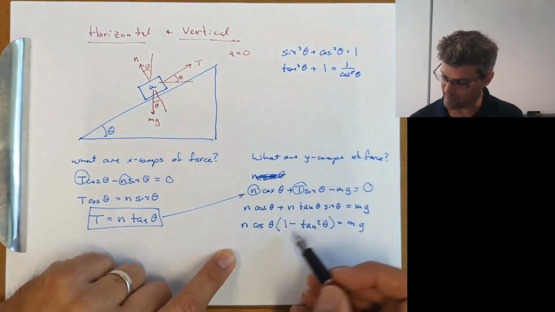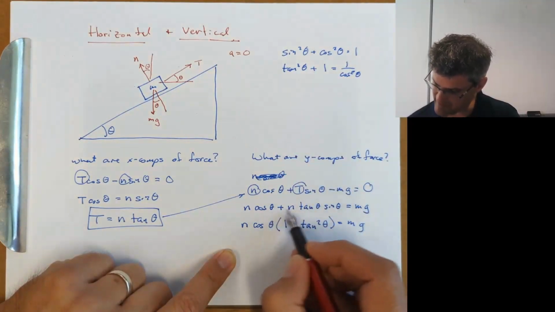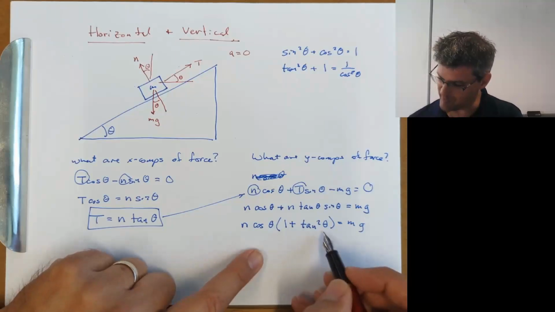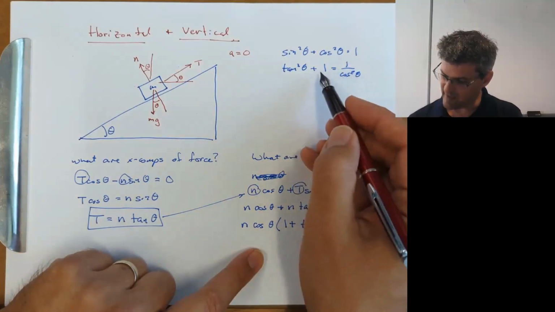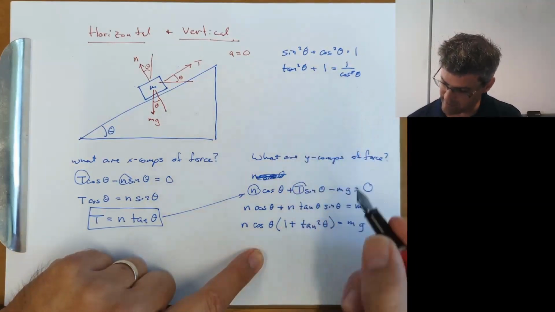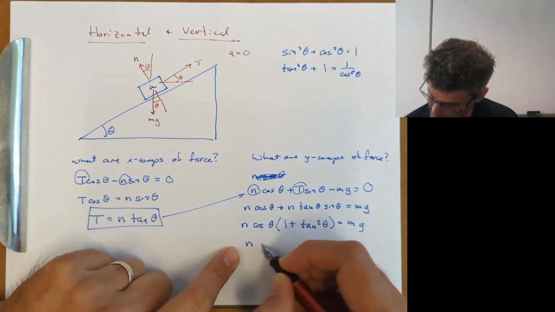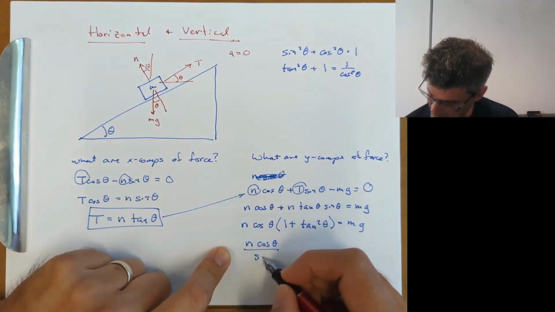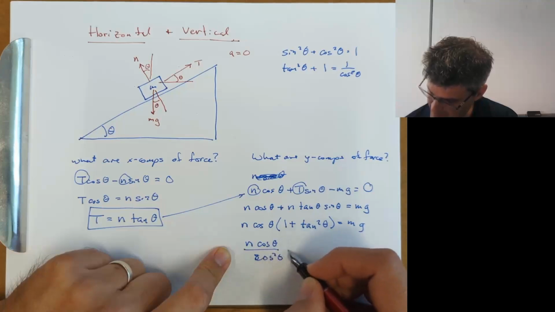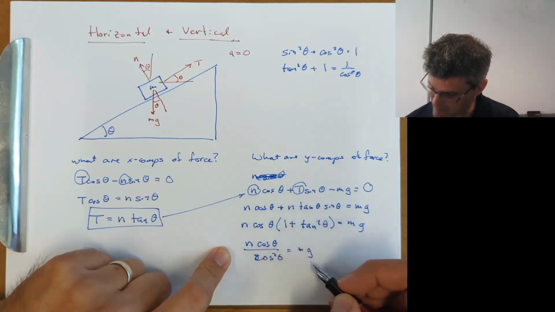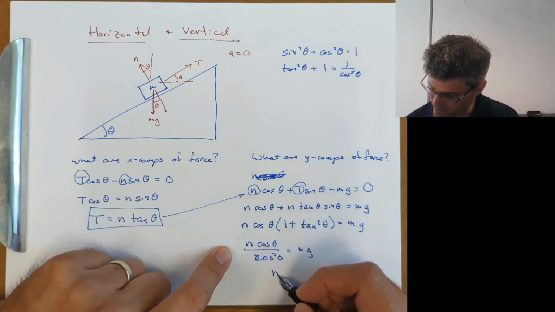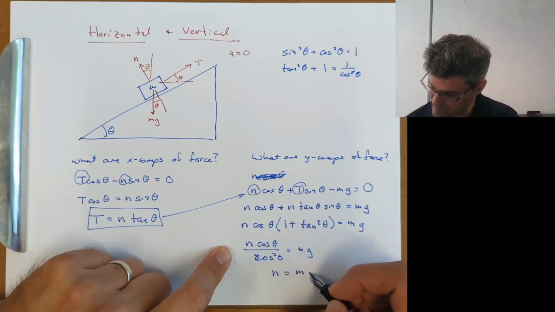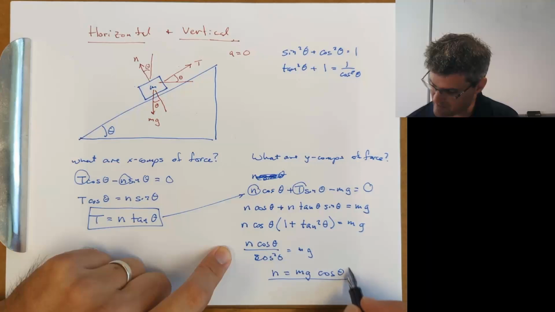We see that there's a plus sign there. 1 plus tangent squared is 1 over cosine squared. So N cosine theta over cosine squared theta equals mg, or normal force is equal to mg cosine theta.